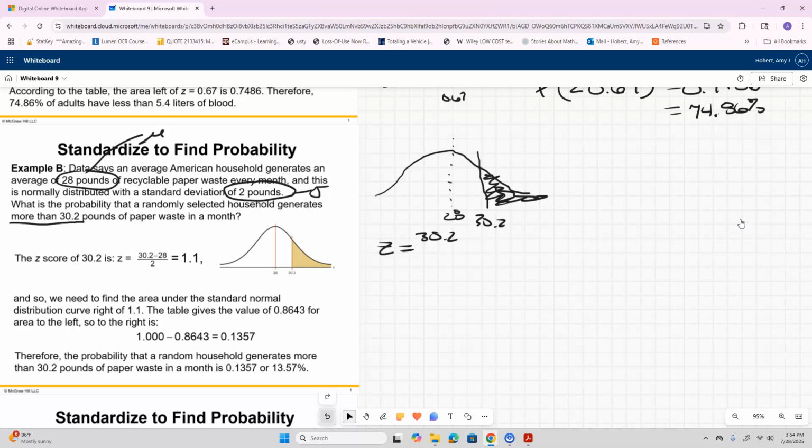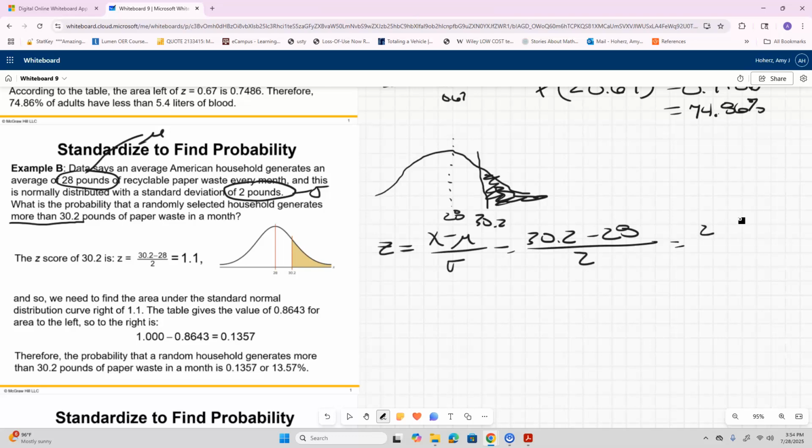Hold on, let me go back. I want to write the formula down before we write the numbers in. So remember that the formula is x minus mu over sigma. So in this case, our x is 30.2, our mu is 28, our sigma is 2.